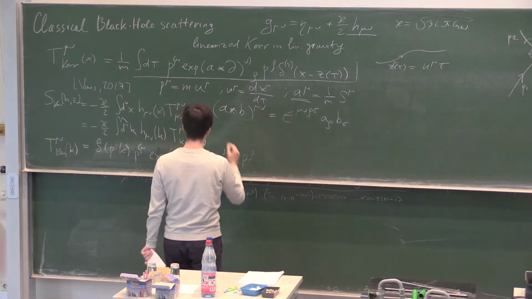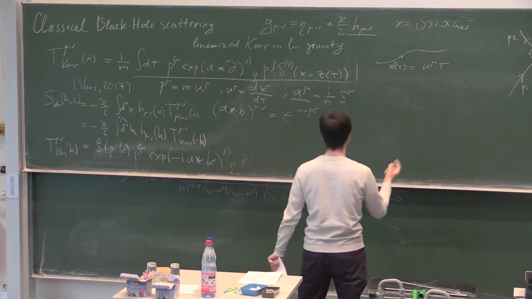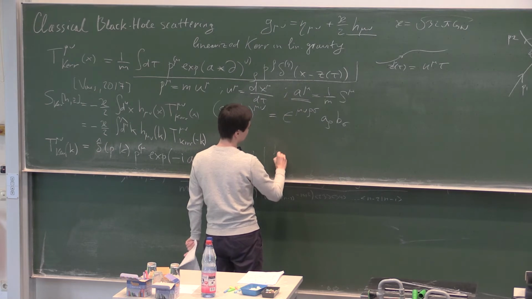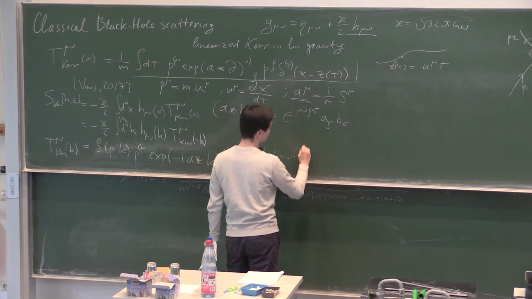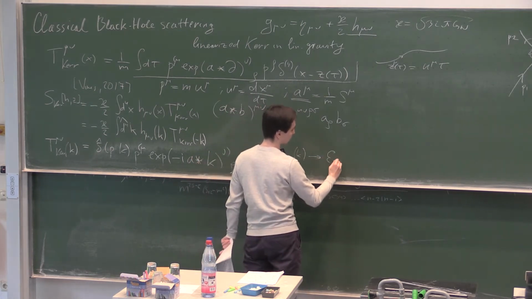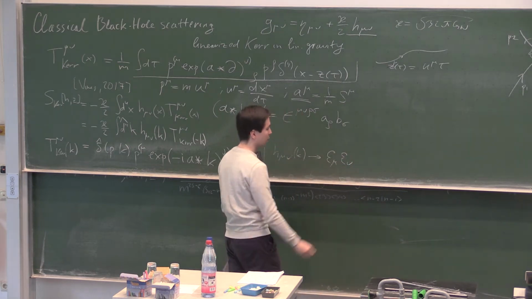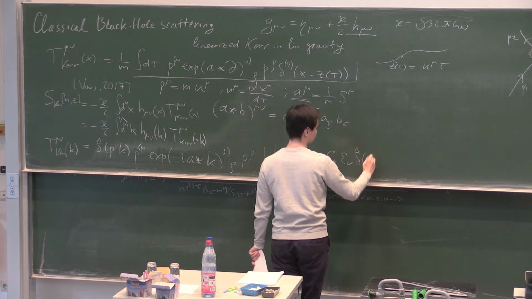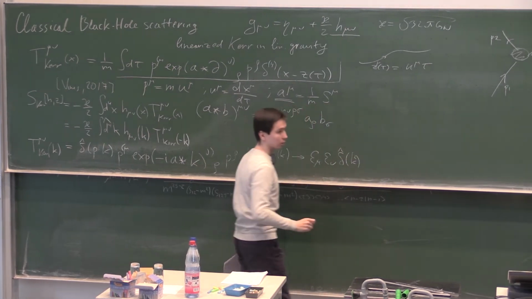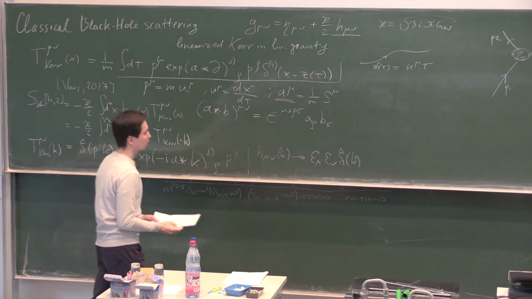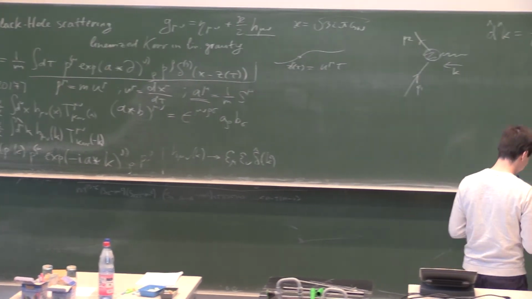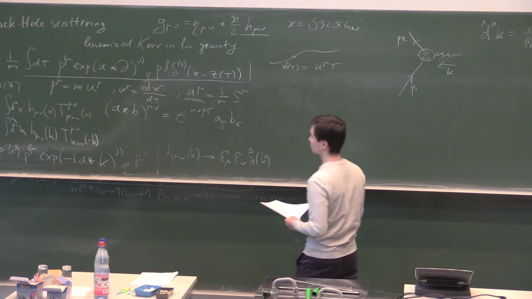And on top of that, we want to connect it to amplitudes. So we want to set the graviton on shell. So we replace it by its polarization tensor and the on-shell delta function, up to some creation and annihilation operators. That's what it should be on shell.